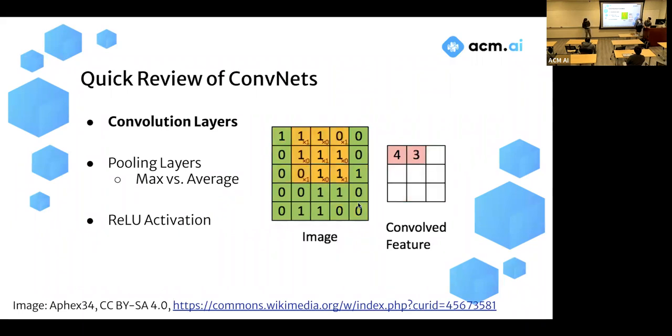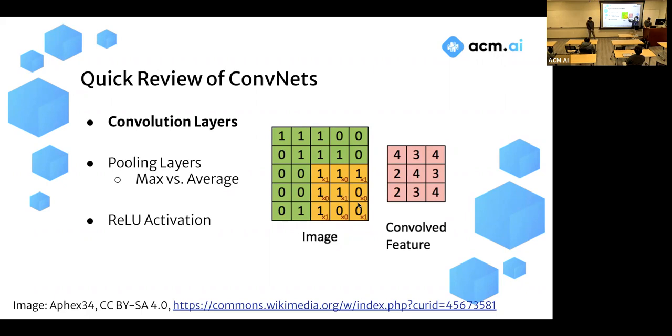So before we dive deeper, this is just a quick review of convolutional networks. Convolutional networks, of course, feature convolution layers. In a convolution layer, a filter will go through the image and produce a convolved feature with its own weights.